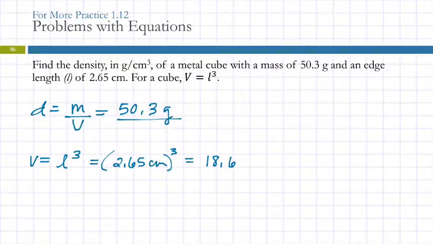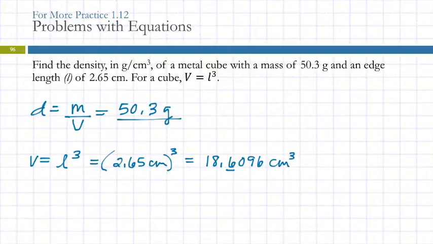This should have 3 sig figs, so there's my third sig fig, and I'm going to write down a couple extras, 0.96. And the unit would be centimeters cubed, because we cubed centimeters. You could also do that by taking 2.65 times 2.65 times 2.65. That would work as well. But every time you punch numbers in, you have the possibility of making a mistake.